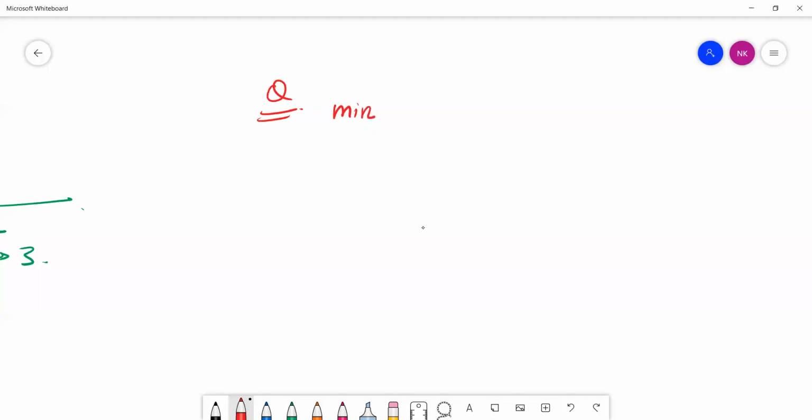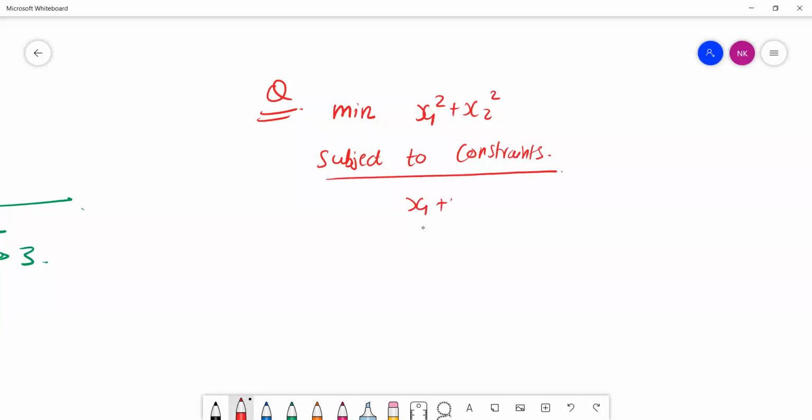Your objective function is to minimize x1 square plus x2 square, subject to constraints. x1 plus x2 greater or equal to 4. 2x1 plus x2 greater or equal to 5. x1 and x2 greater or equal to 0.